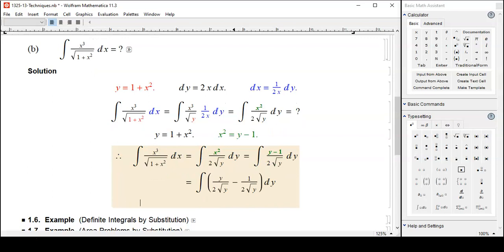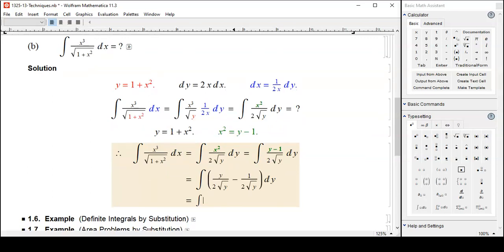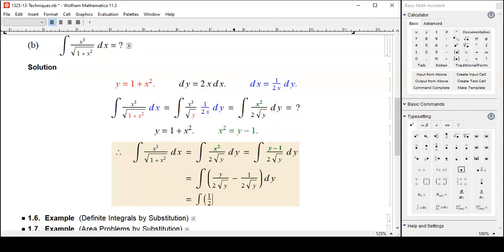And then what's left is a bunch of power functions. In this case, only 2 of them. 1/2 y to the positive 1/2 power, 1/2 y to the negative 1/2 power.